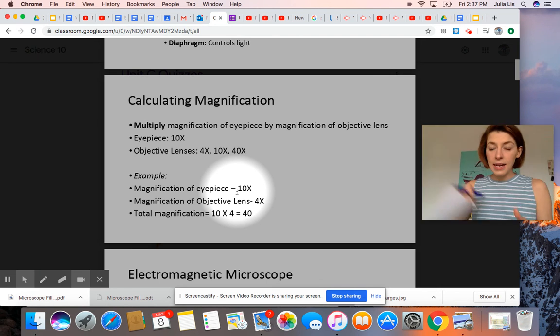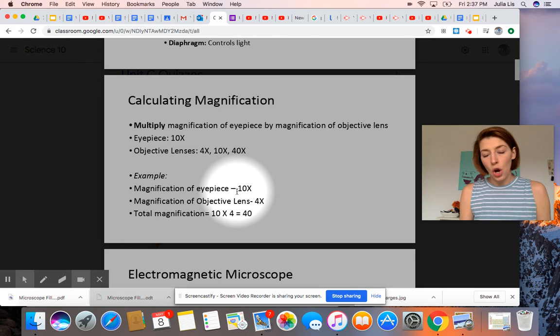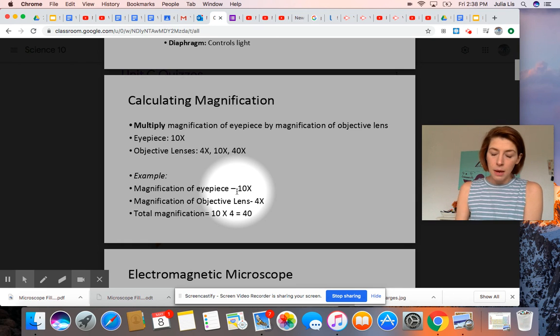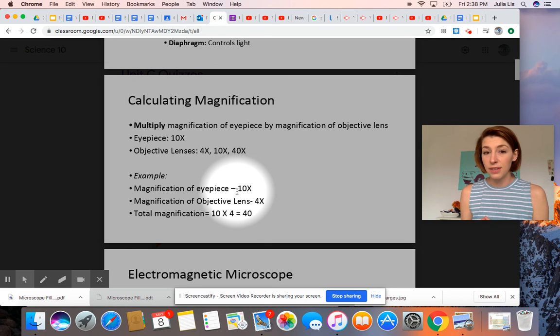And so that's why I said compound light microscopes often will range from 400 times magnification up to 1,000. But most common microscopes that you and I use will max at 400. Not to say that there aren't some objective lenses that are stronger. Okay?